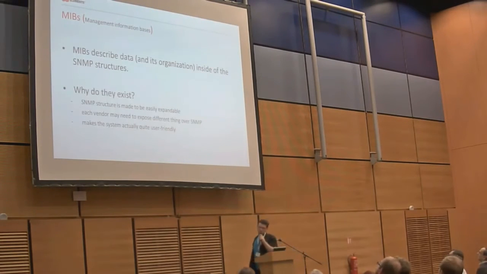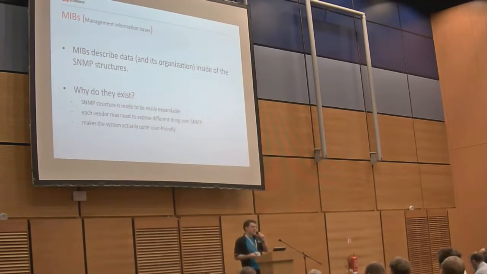So let's move a bit forward. Again, we are talking about SNMP and what it is, and about SNMP basics. So let's talk about MIBs, Management Information Bases. MIBs actually describe data and its organization inside of the SNMP structures. And why do they exist? Actually, the SNMP structure is made to be easily expandable, extensible by the MIBs, because each vendor may need to expose different things over SNMP.